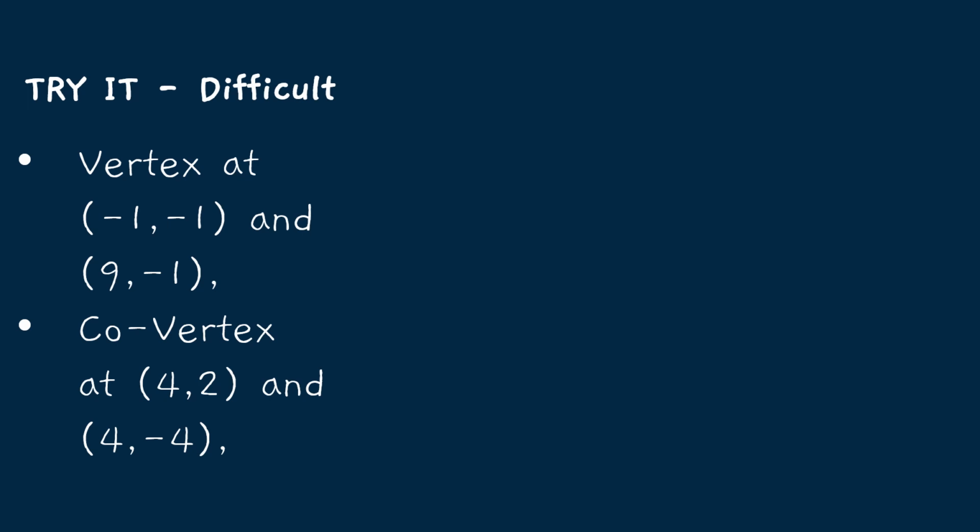So again, remember that the vertices are the endpoints of your major axis. So if your major axis is being solved, it is equal to 2a, and 2a is equal to the square root of (9 minus -1) squared plus (-1 plus 1) squared, using these as our x sub 2 and x sub 1.